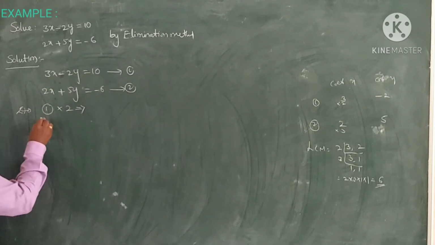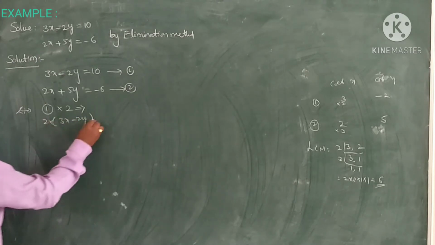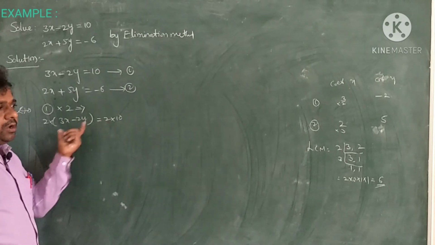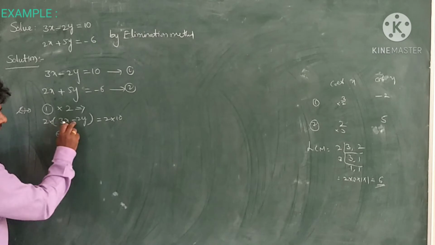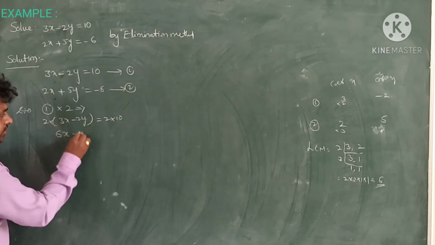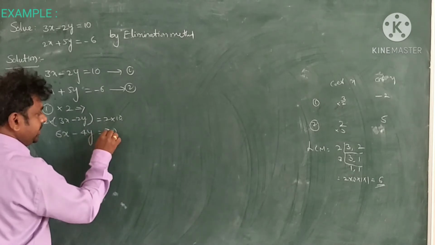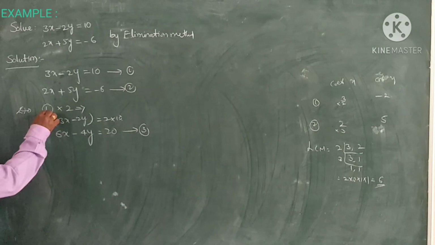Observe, students: 2 into 3x minus 2y equals 2 into 10. We multiply on both sides. 2 3s are 6, plus into minus 2, 2s are 4, and 2 10s are 20. Take this as equation 3 for our simplification.